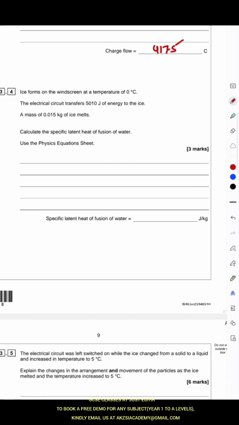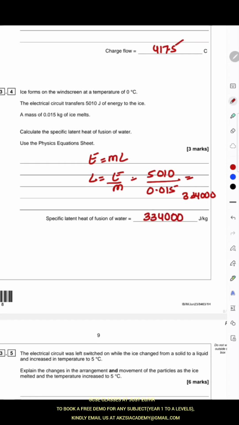That's why this is called fusion. Same formula which we have discussed, E is equal to ml. So L will be E over m. Energy is given as 5010 and mass is given as 0.015. On solving, we'll get the answer as 334000 joules per kg.